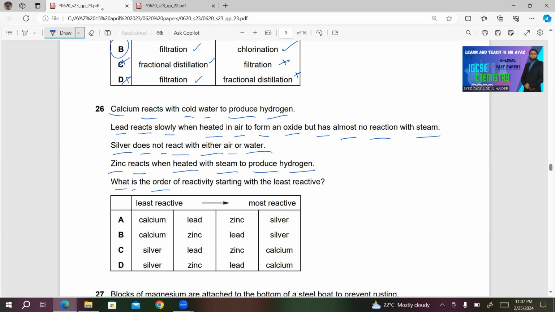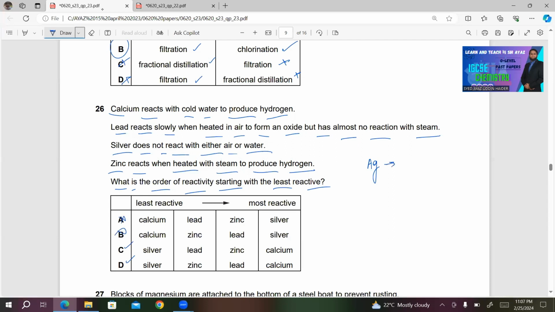What is the order of reactivity starting with the least reactive? Now, if you look at these four statements, silver must be the least reactive one. So I will write silver. So either C is correct or D is correct. Neither A is correct nor B.